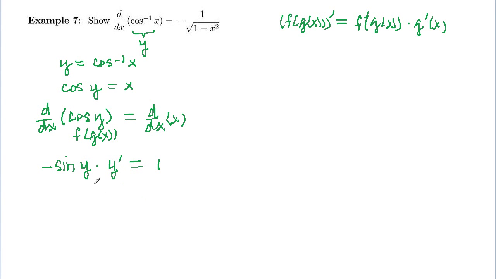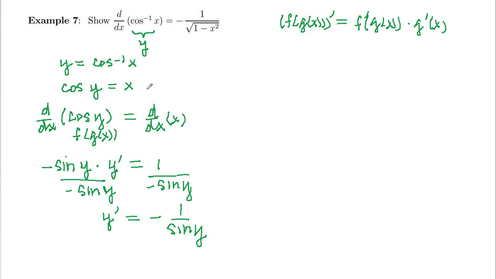So solve the equation for y prime. So divide both sides by negative sine y. So on the left-hand side, we just got that y prime. On the right-hand side, I'm going to pull that negative out in front. We've got negative 1 over sine of y.